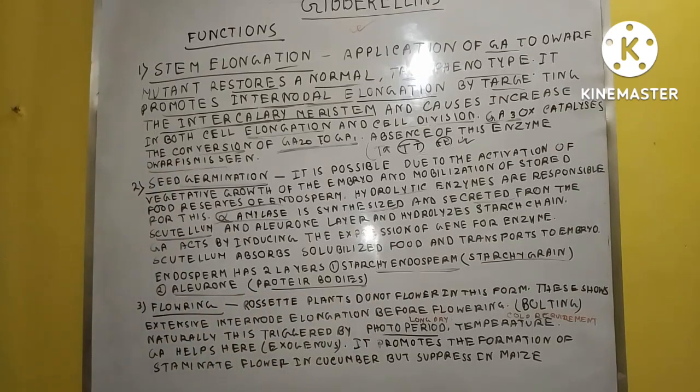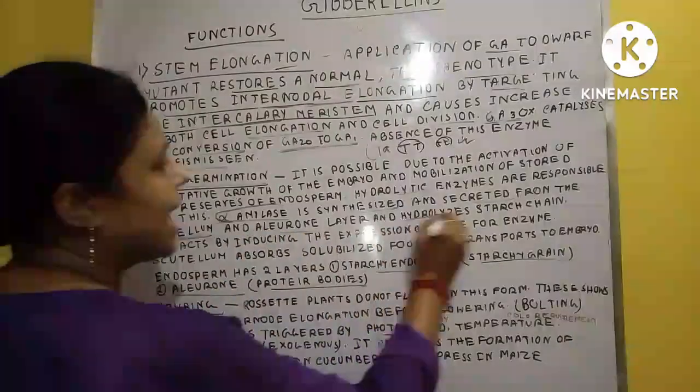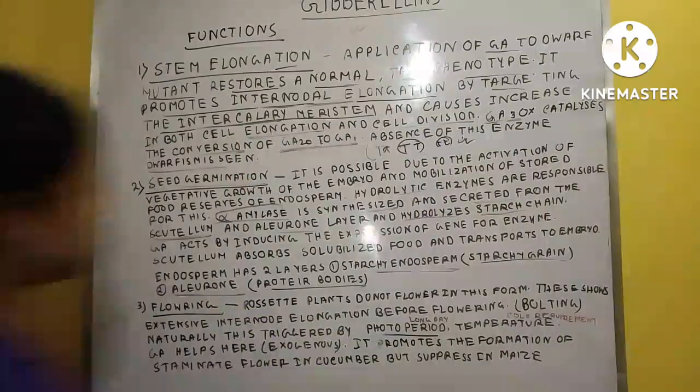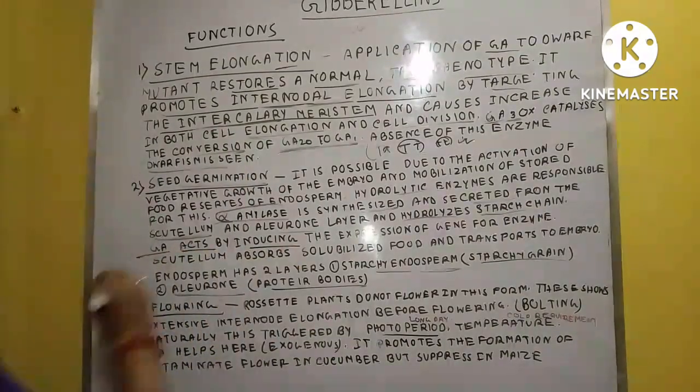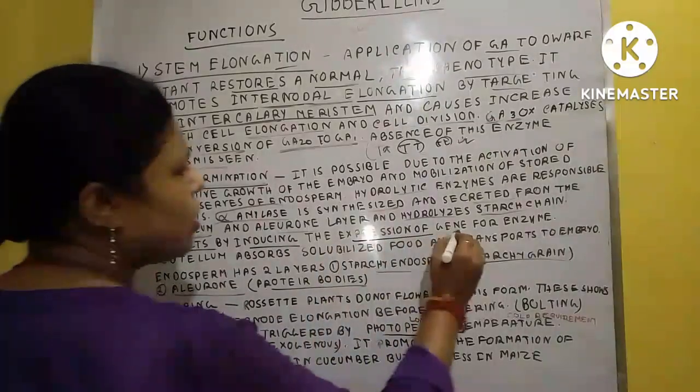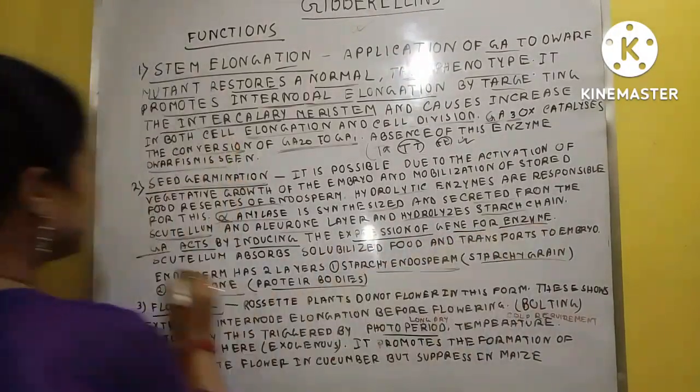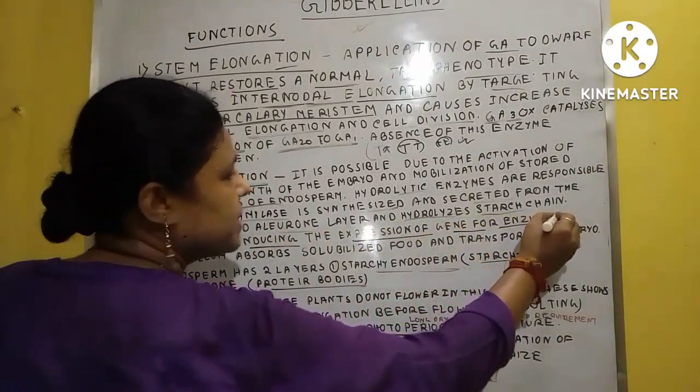So now how is alpha amylase related to gibberellin? Alpha amylase is synthesized and secreted from the scutellum and aleurone layer and hydrolyzes starch. GA acts by inducing the expression of the genes for the enzymes that are present there.